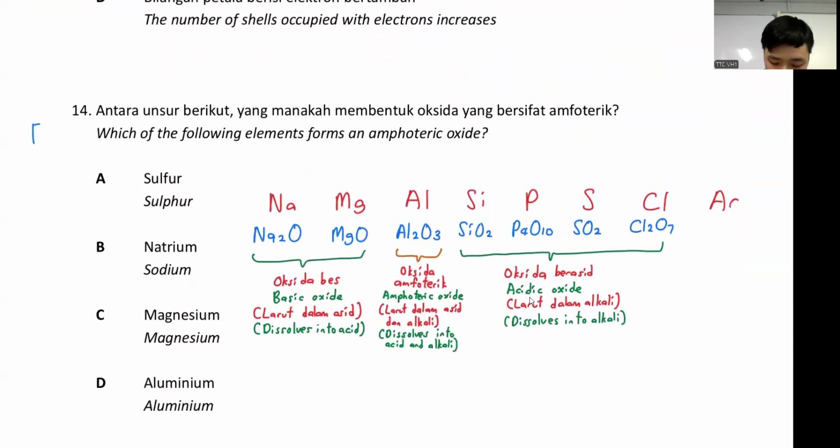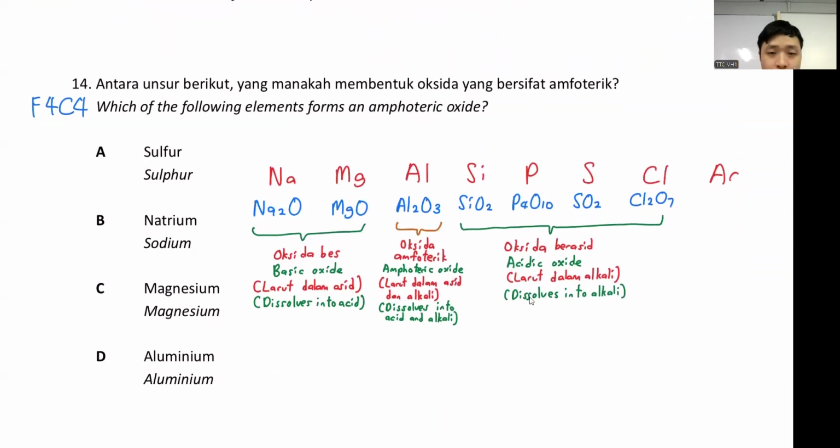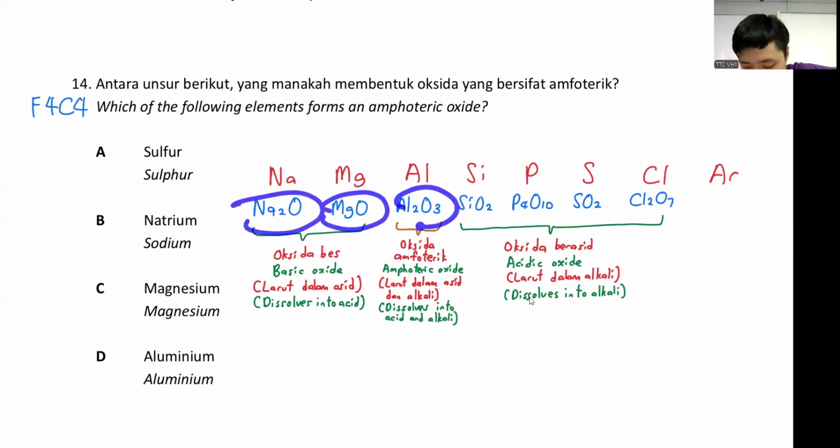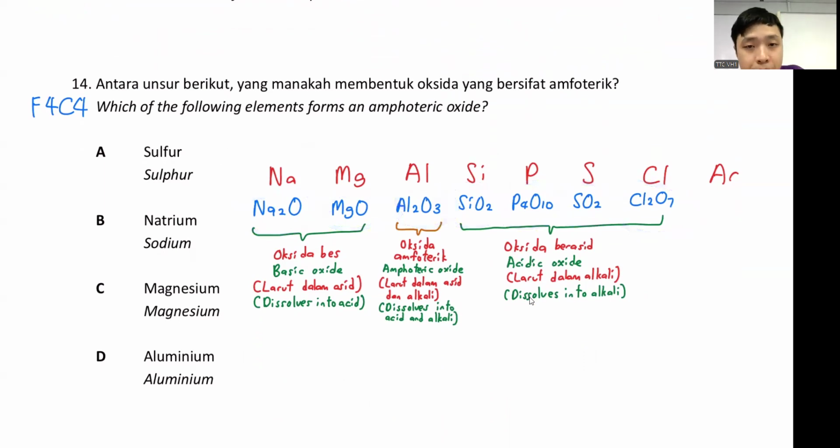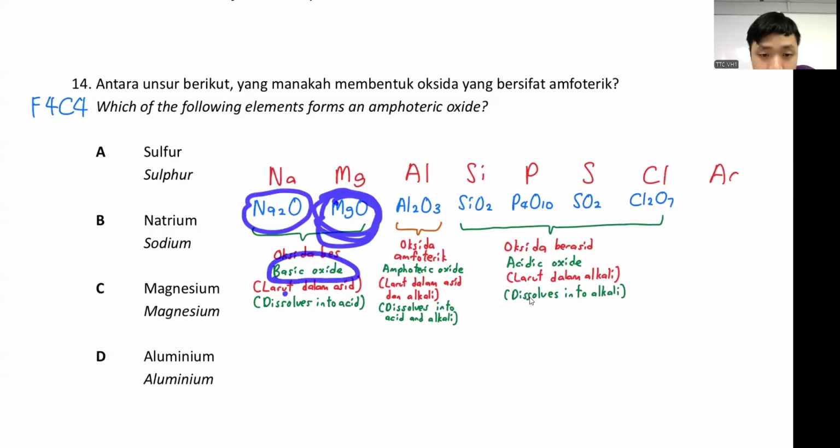Question 14. This is also from chapter 4. Which of the following elements forms an amphoteric oxide? Remember, they are talking about the oxide. Which one is an amphoteric? You got 3 categories in period 3. Normally, these 2, sodium oxide and magnesium oxide, they are basic oxides.